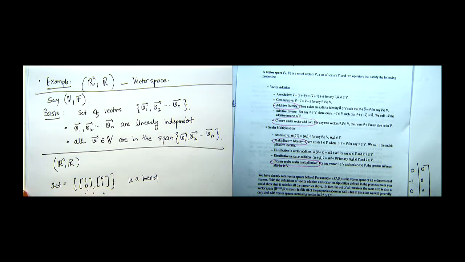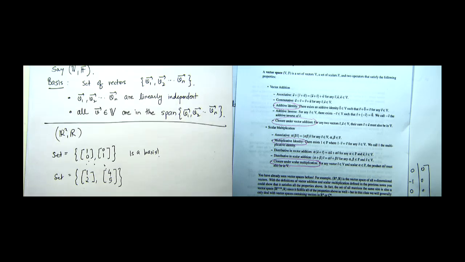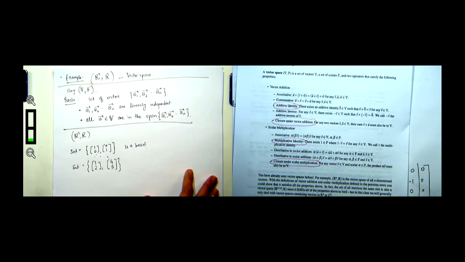What about the set 1, 2, and 4, 5. Is this a basis for R2? Are they linearly independent? Yeah. Can you express any vector as a linear combination of these? Yes, you just solve the system of equations, right?